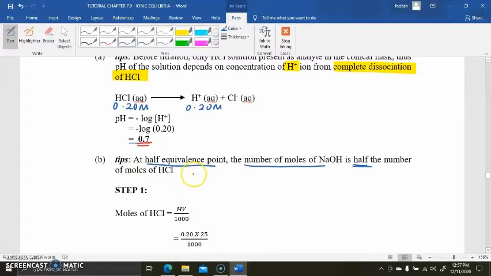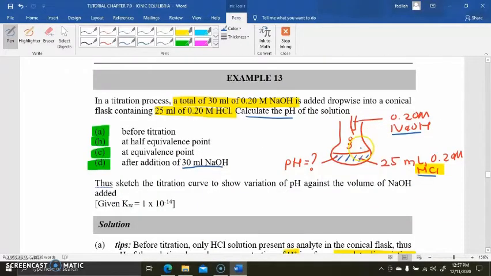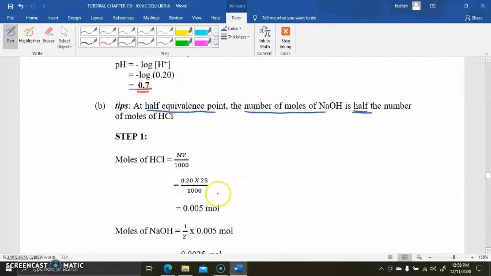Macam mana step calculation ni? Kita akan start dengan cari dulu number of mole of HCl inside the conical flask. Kita guna formula MV over 1000. So, 0.20 times 25 over 1000.